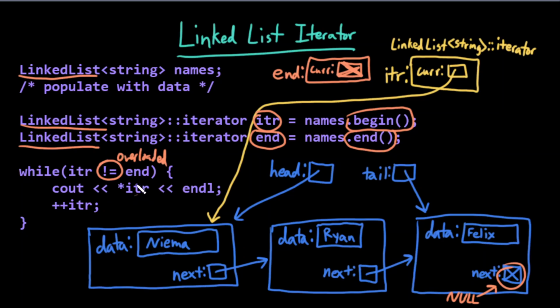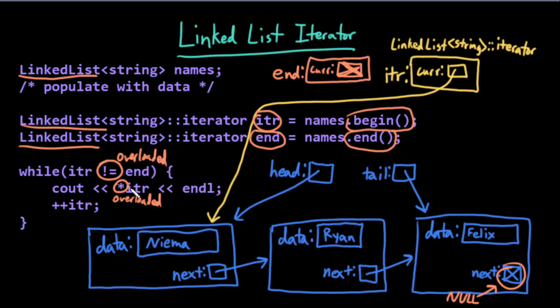Therefore, this is true. I enter my loop. I dereference my iterator. Again, this would be an overloaded dereferencing operator because iter is not a node pointer. Iter is an iterator that contains a node pointer. I've dereferenced my iterator, and within it, I would have overloaded this to return the dereferenced cur pointer's data value.